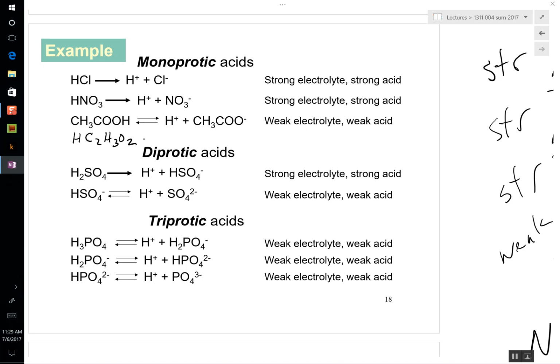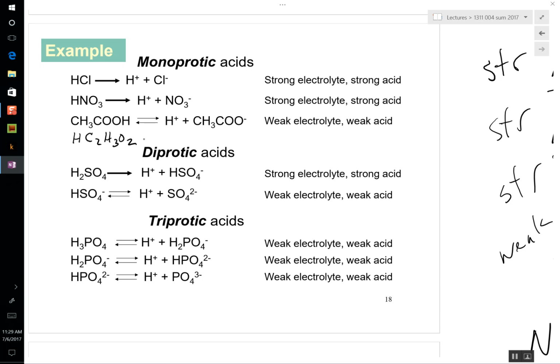Some of this will go on to dissociate into another proton and a sulfate, SO4 minus 2 ion. So it can dissociate in two stages, generating 2 moles of H plus ion for every mole of sulfuric acid.